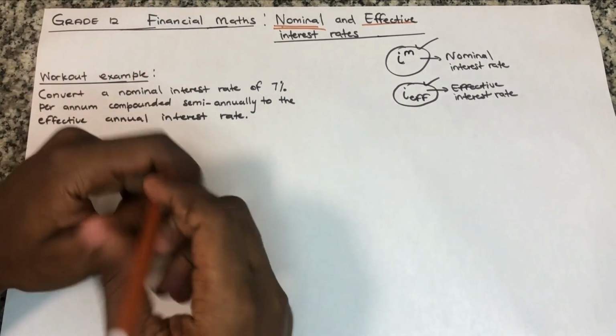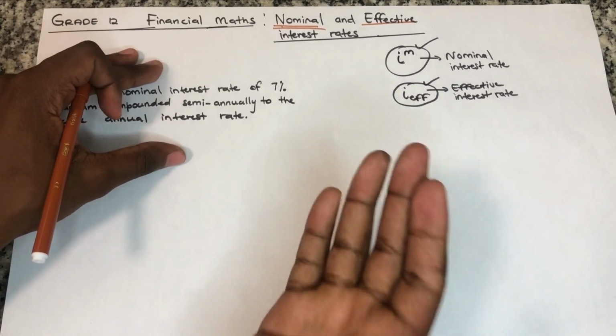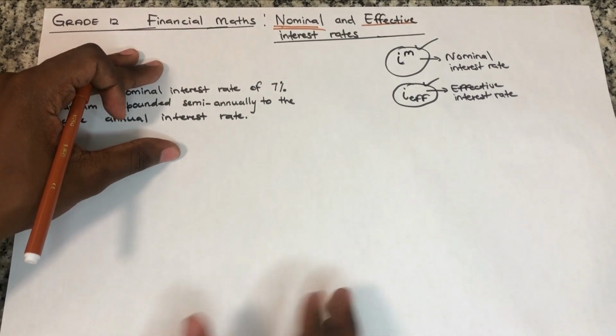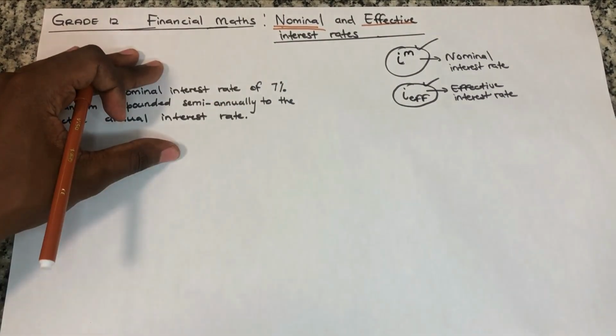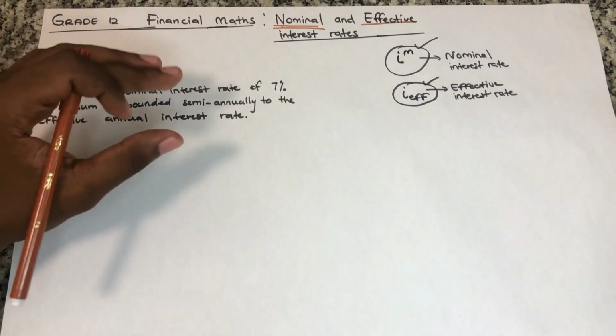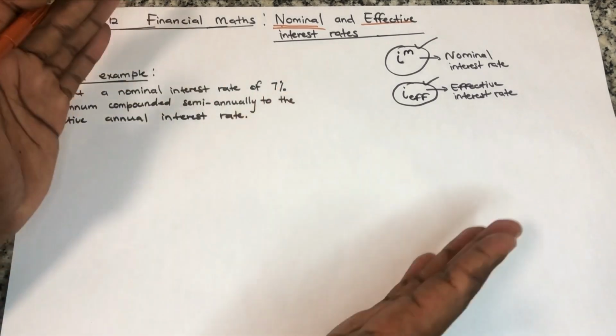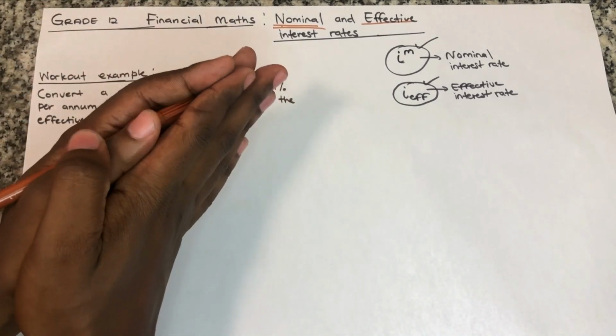So the interest rate that is stated on those particular statements is called the nominal interest rate. And it normally happens in a duration of annually.